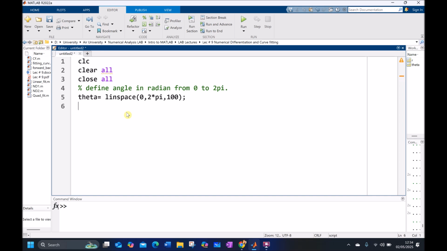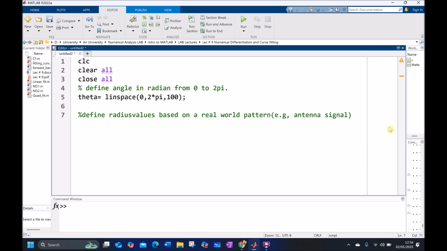After that, I'm going to define the radius values based on the real-world pattern that we are using, an antenna signal. So I simply add my comment here: define radius values based on a real-world pattern, for example, antenna signal.